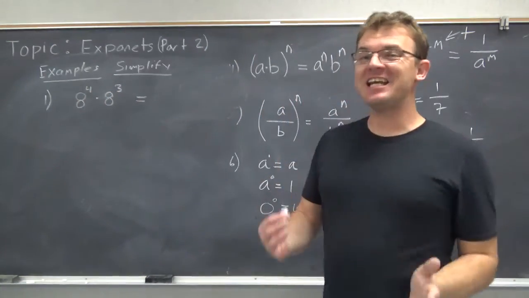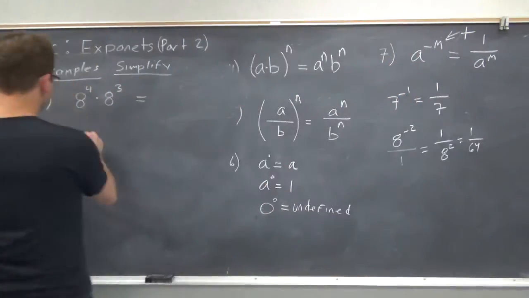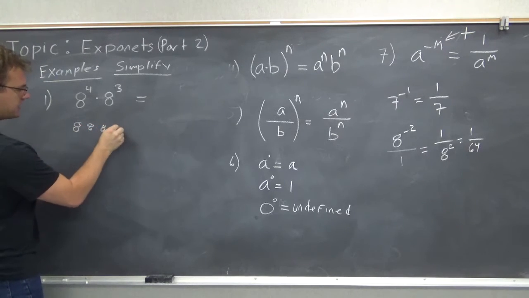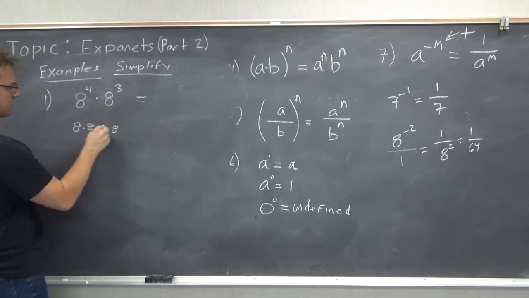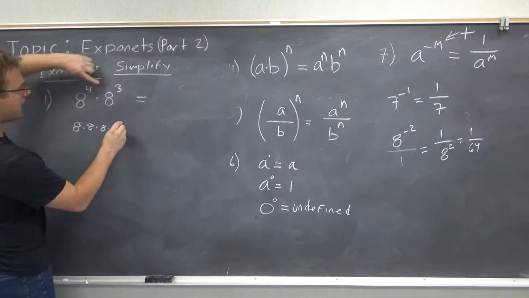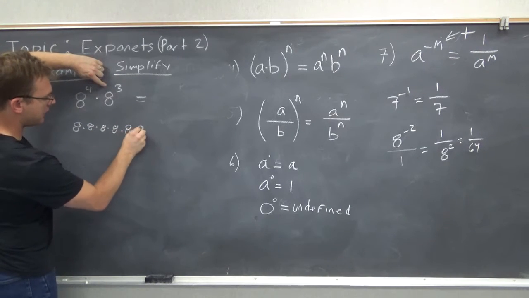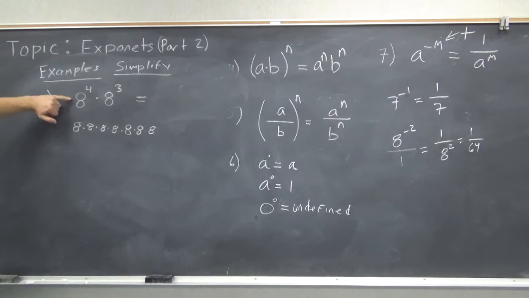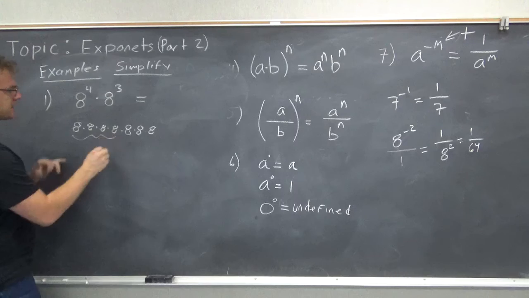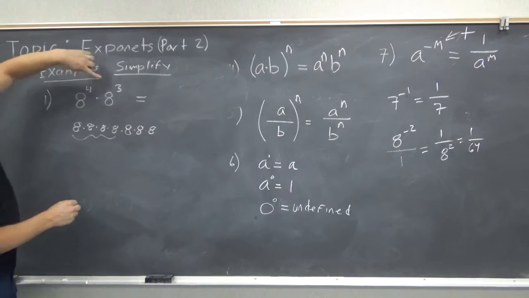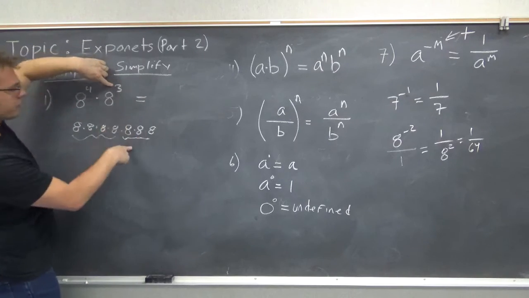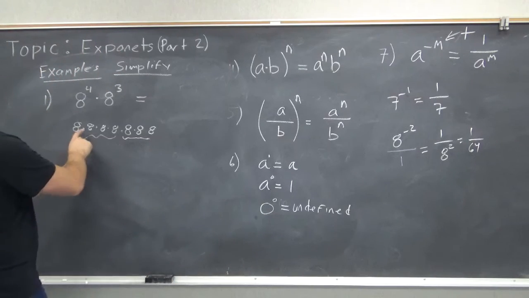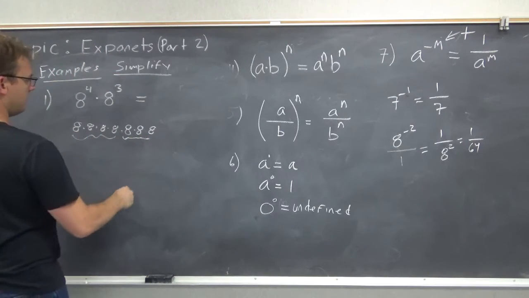Now you can sit here and you can go 8 times 8 times 8 times 8. So there's 4 8's times 3 8's. And then there's 4 8's. There's 3 8's. How many 8's do you have? 1, 2, 3, 4, 5, 6, 7.